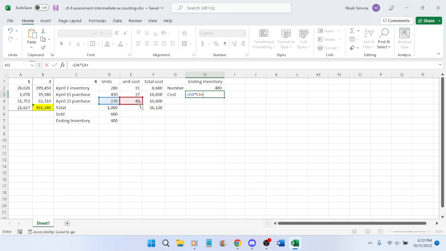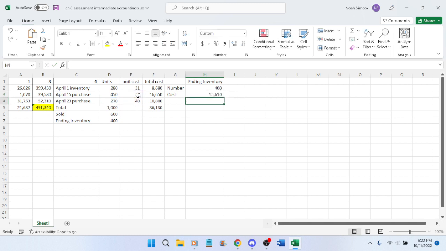So now you do 400 minus 270 plus 400 minus 270 times this unit cost, and that should be your cost of ending inventory.